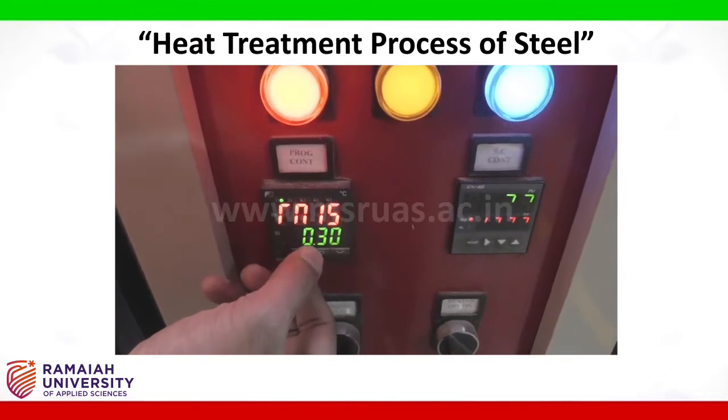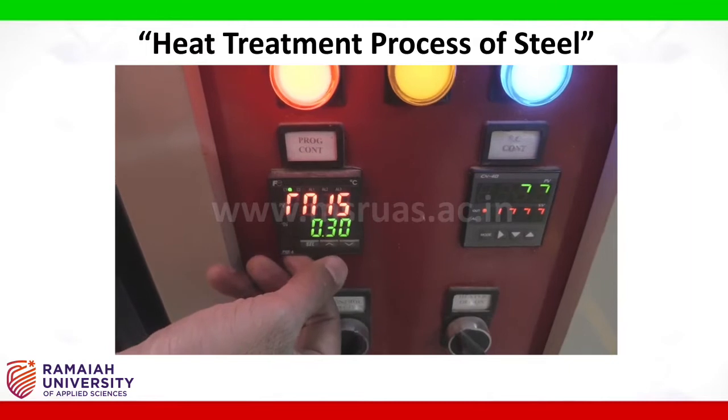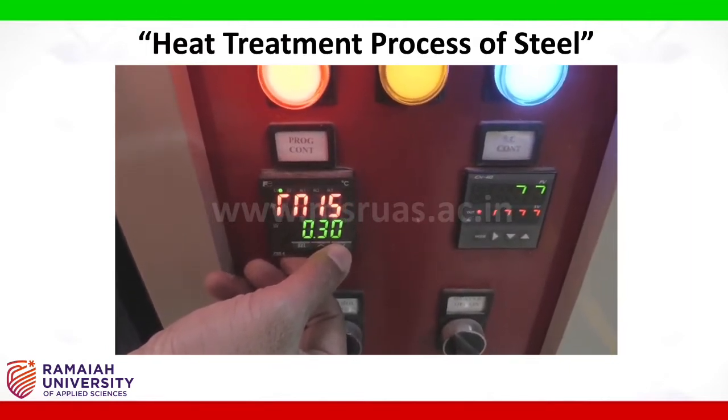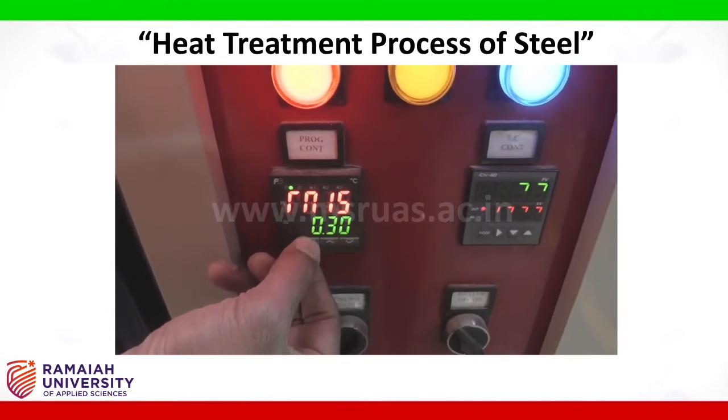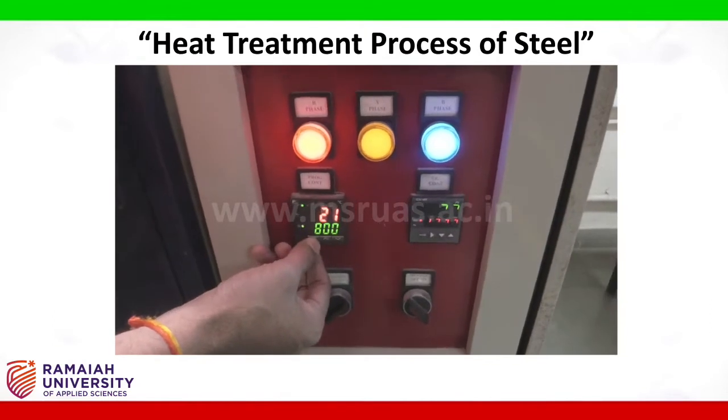Then next, soaking time is 30 minutes, again based on the cross section of the material. And then we have to carry out the cooling process. Now I will start the program.